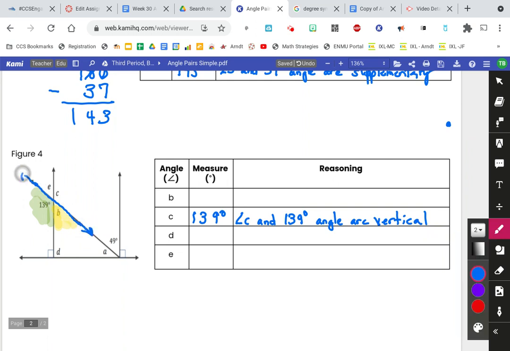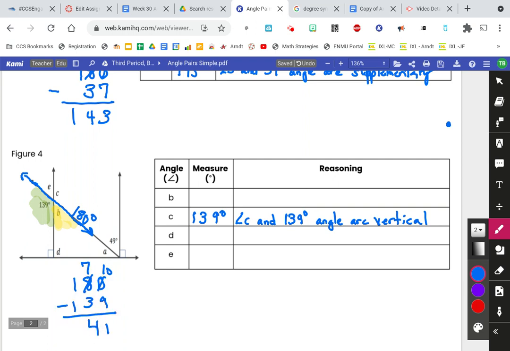And I know a line is 180 degrees. Okay, so to find angle B, I will just take 180 degrees and subtract 139.